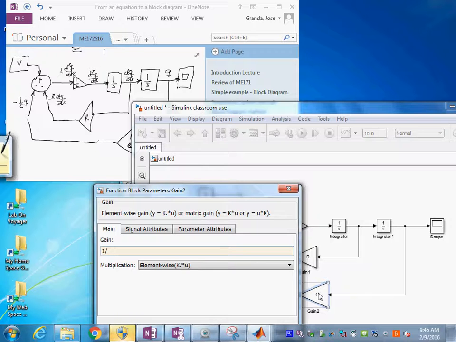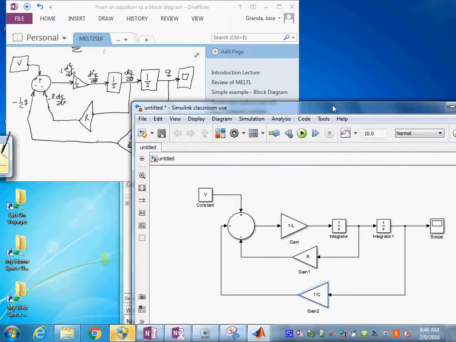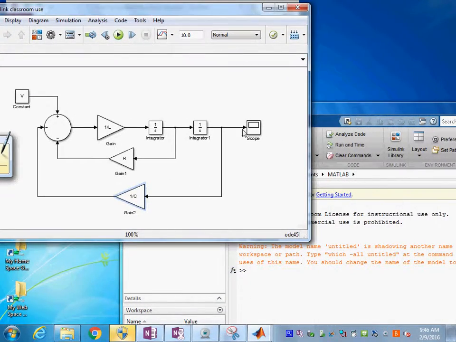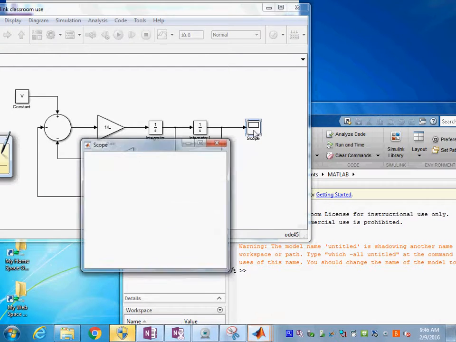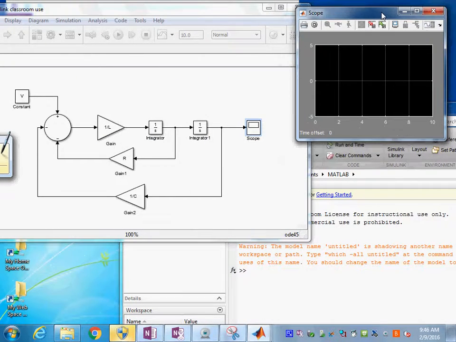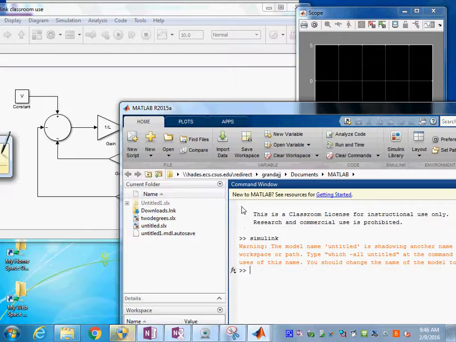B was 0.5, right? No, B was 1. No, the voltage input is 1/2. It's equal to 1/2. And then R I think was 0.5. Yeah. And then C was 1, and L was 1. Yeah.